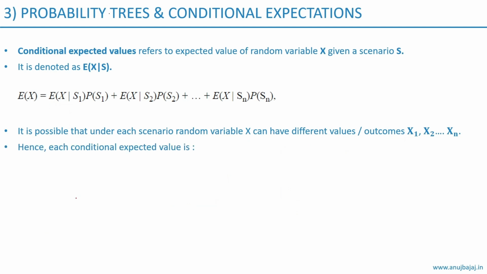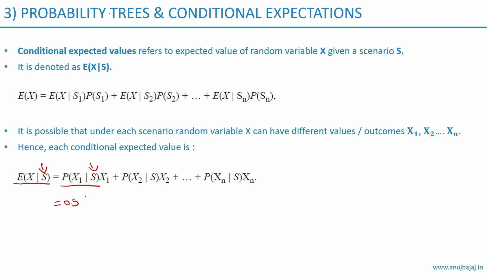And this is the formula where the expected value of x given a particular scenario occurs is the probability of the first outcome occurring given that scenario has occurred, which in our case was 50%, multiplied by the first outcome, 12.